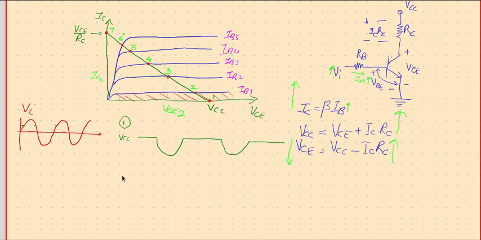If you select the operating point at point 2, then the same thing happens, but you are starting from here, and any increase in input will move the operating point upwards, and hence a small increase upwards will increase IB, increase in IB increases IC, increase in IC decreases VC.